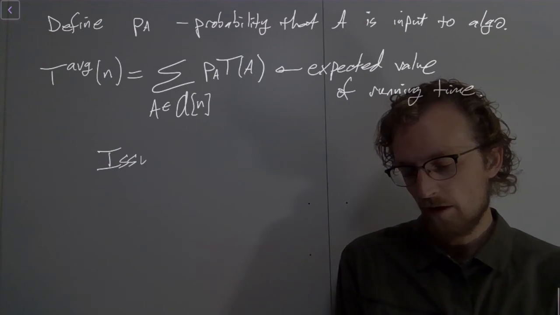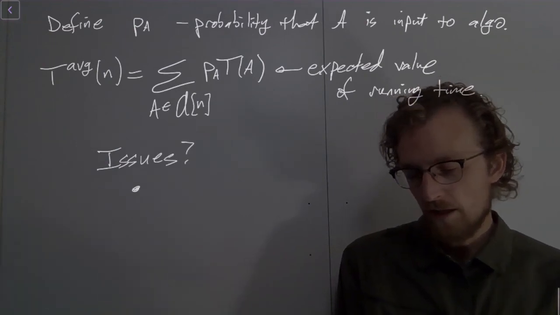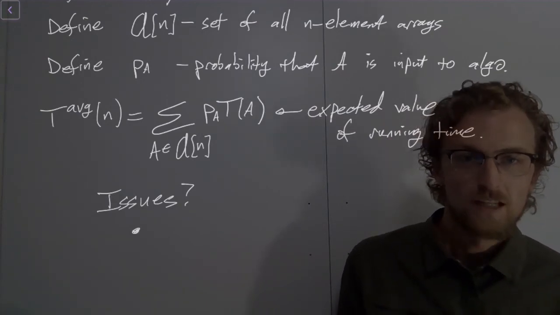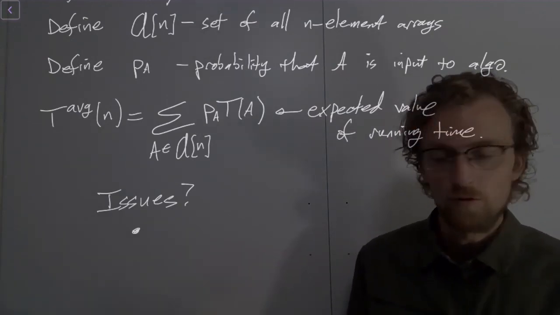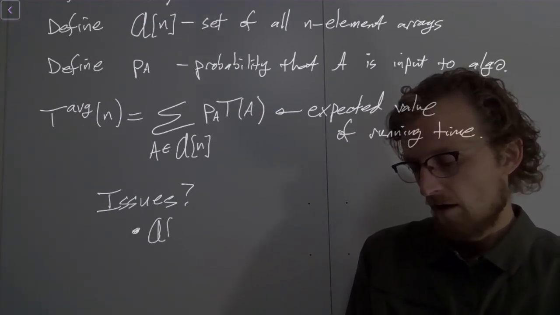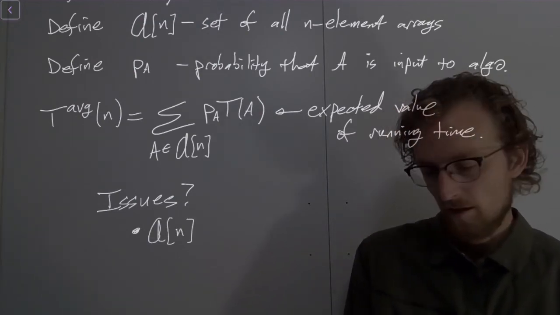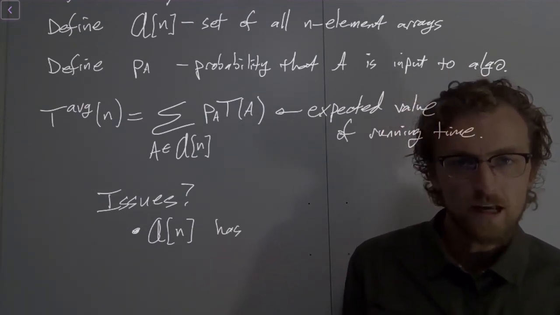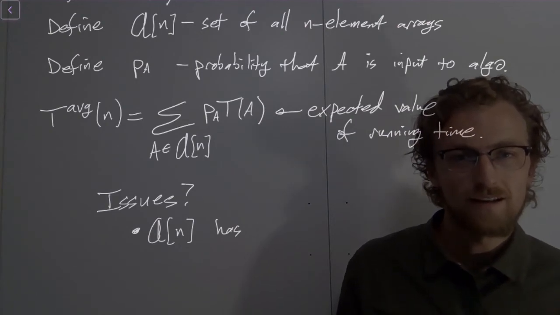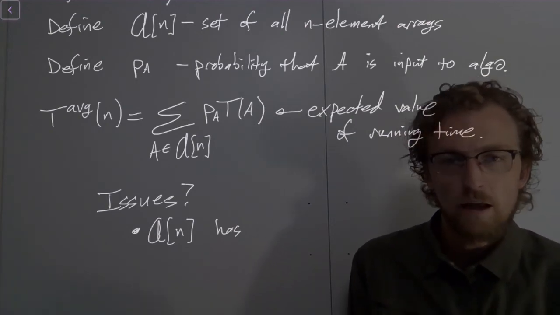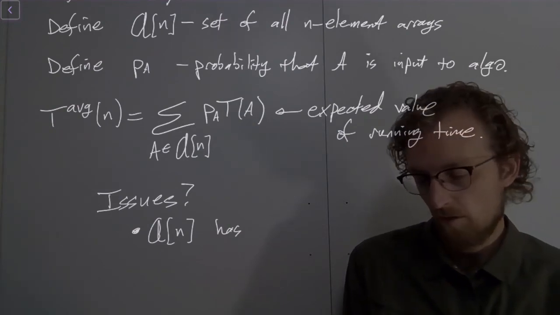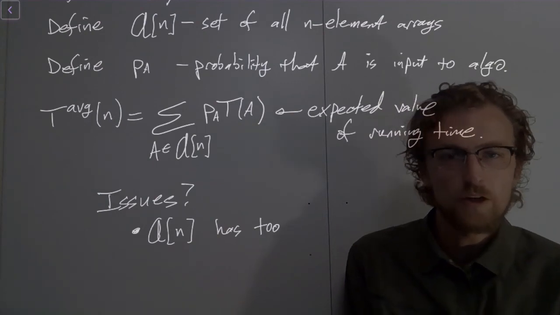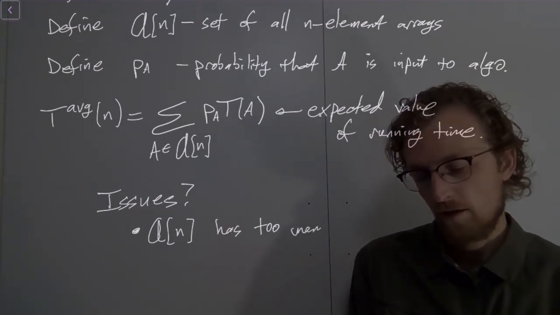Issue number 1: this set script A of n, the family of all n element arrays, is likely to be huge. It's a massive set, and depending on what assumptions we've made, it has at least factorially many things in it. This has an absurdly large number of arrays. It has too many to enumerate, too many for us to write down.